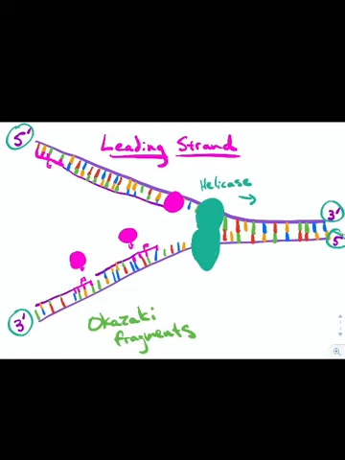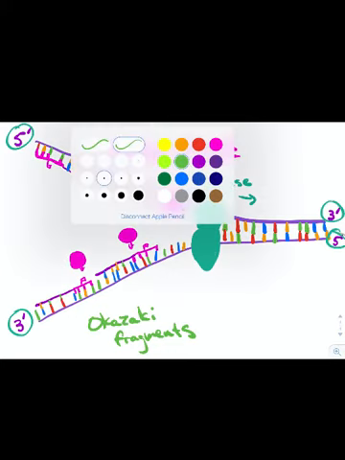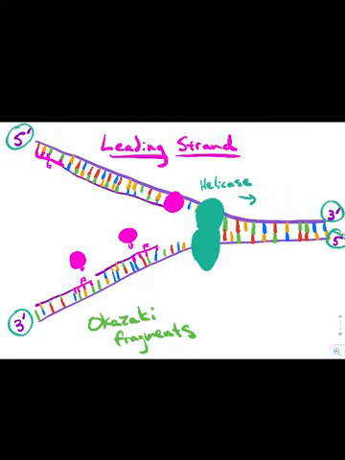It's a $1 million idea. Because this side of the DNA has to happen in short bursts, we are going to call this the lagging strand. On the top, we have the leading strand. On the bottom, we have the lagging strand. But you'll notice that these fragments are not all together yet.